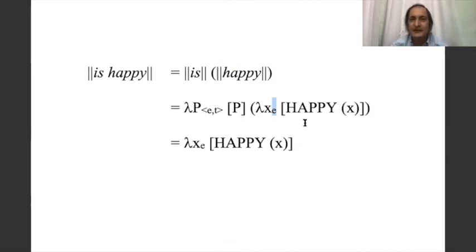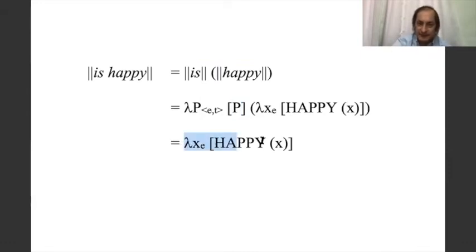Okay. And we do our lambda application exactly the same way as we did before. This says, find something that can function as P. Find it here inside of the parentheses. When you get it, take it and put it in place of this occurrence of P. Give back the result.